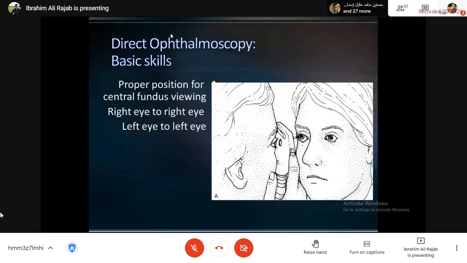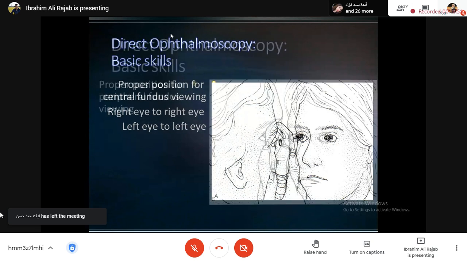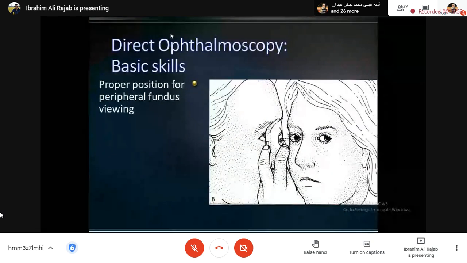After you observe the red reflex, you should approach the patient more closely to follow the red reflex until you catch the image of the retina. And you can move right and left, up and down, and you can ask the patient to move his eye to the side gaze to examine the peripheral part of the fundus.